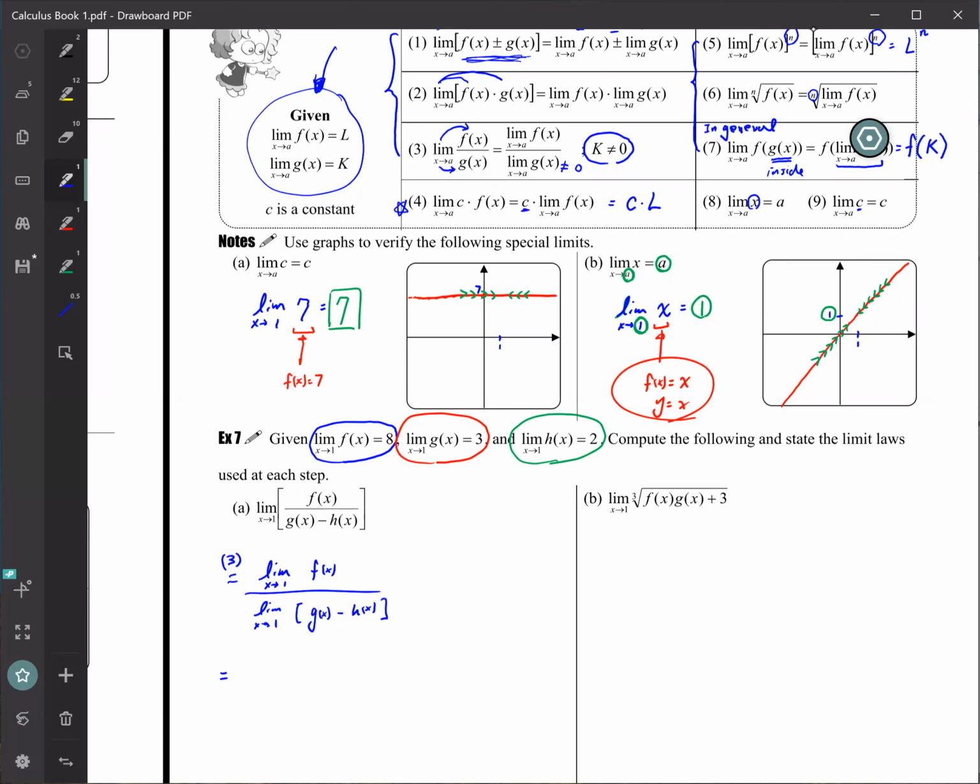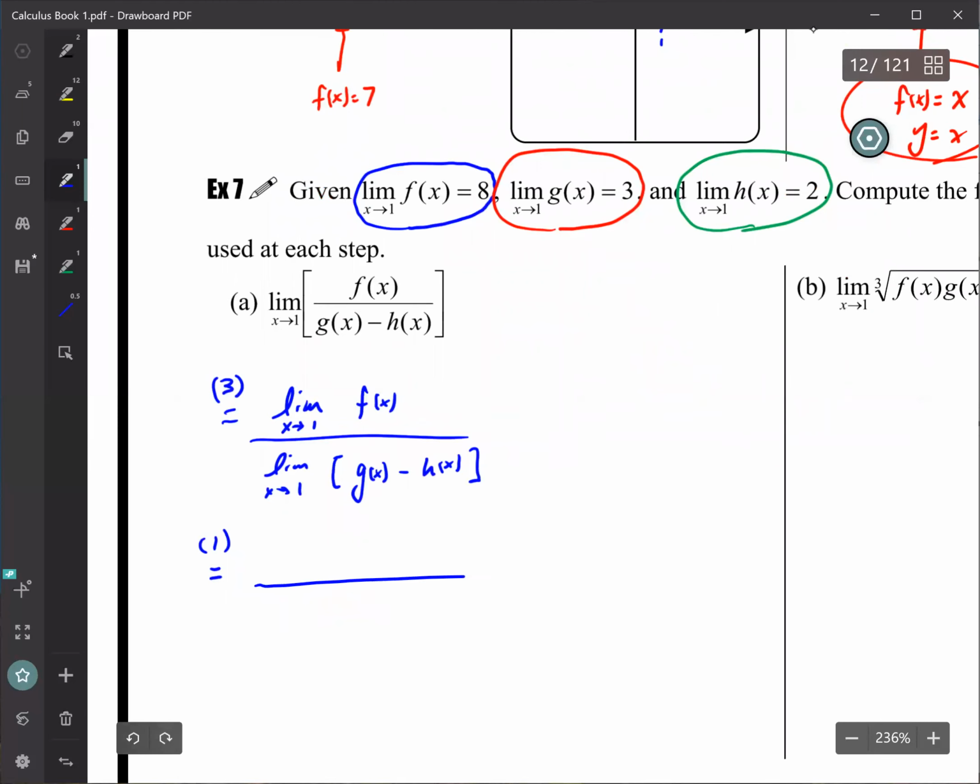Okay, the denominator has a subtraction, right? So add and subtract, I can also split. So that's law number 1. So I'll write 1 above the equal sign. It'll be limit. The top, I'll just keep it. G of x, right? You split, you share the limit to each one.